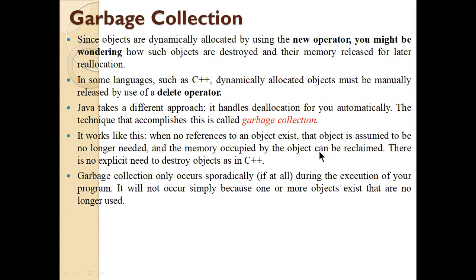Reclaimed just means deallocation can be done. Can be done is very important here, right? And it can be allocated to some other object. So there is no explicit need to destroy objects as in C++. The user has no say. It is the JVM which takes care of all the deallocation by means of garbage collection.